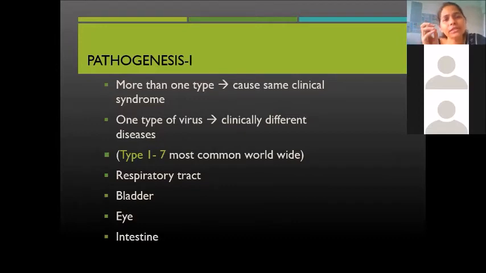And sometimes if you consider say number 3 or number 7 of adenovirus, it will lead to pharyngoconjunctival fever, respiratory tract infections, and some other infections. So there is this overlap that you have to understand, but types 1 to 7 are the most common all over the world. They cause infection of respiratory tract, urinary bladder, eye, and intestine.